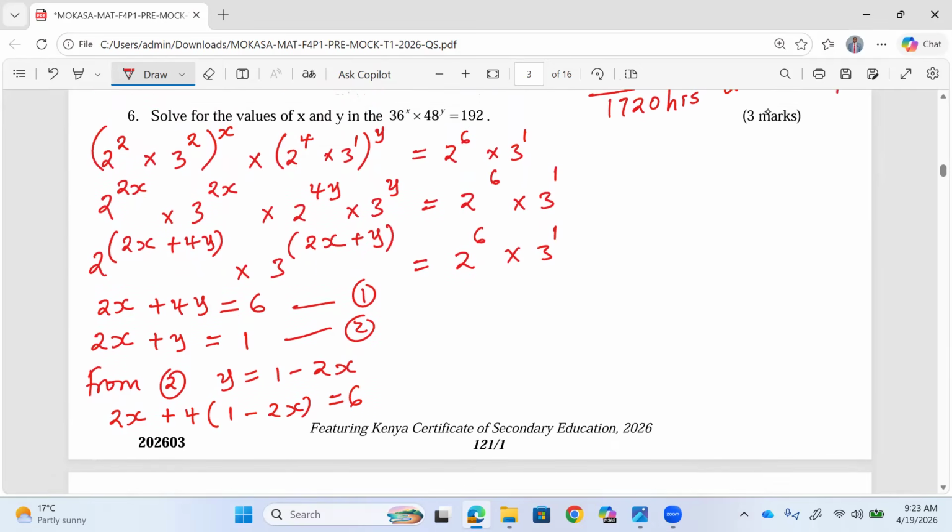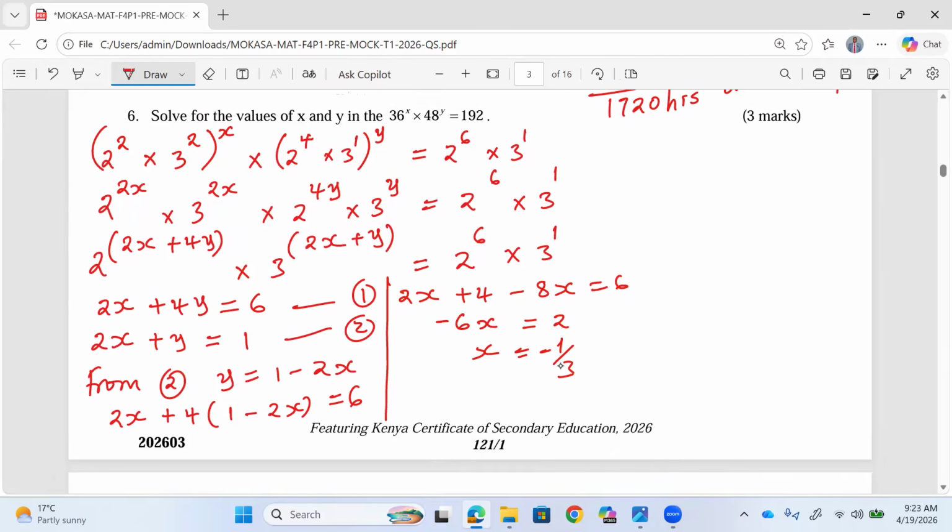At this point, we can start with the opening of brackets and grouping of terms. 2x plus 4 negative 8x equals 6. This is negative 6x, and this is 2, since 6 minus 4 is 2. So to remain with x, we divide through by the negative.